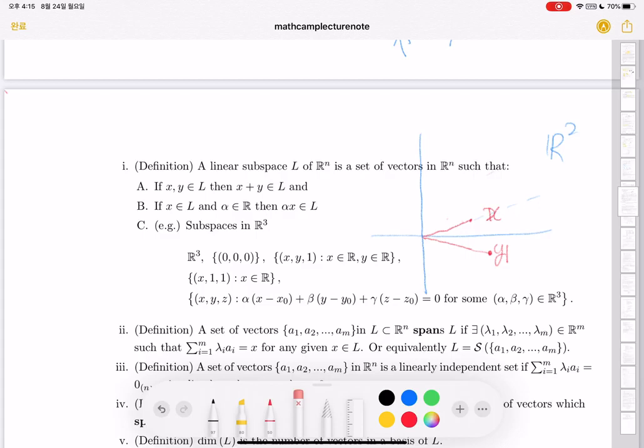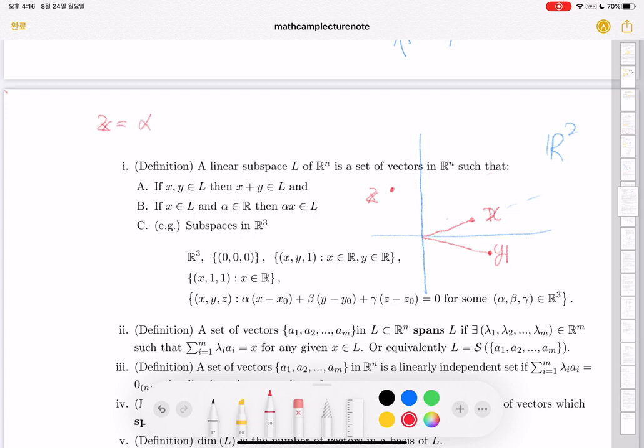For example, say this point, let's say this is your z.